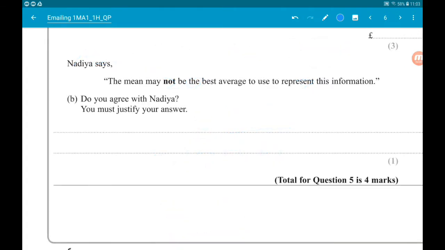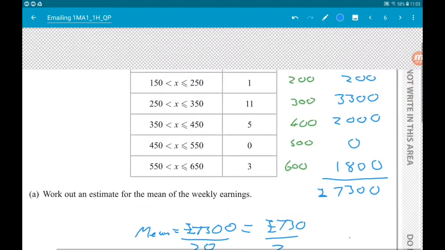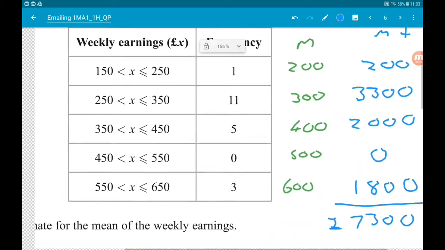Okay, then for part B, Nadia says the mean may not be the best average to use to represent this info. Do you agree with Nadia? You must justify your answer. So I would say yes, I do agree.